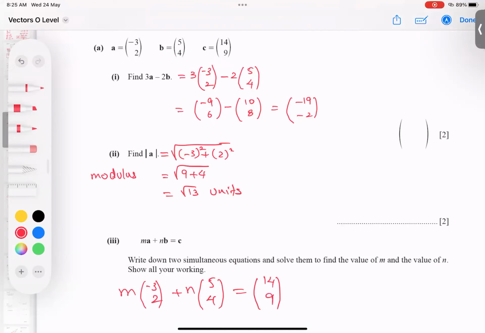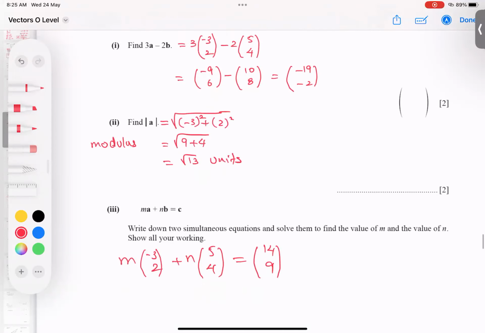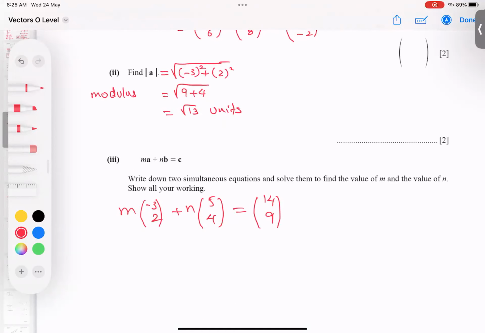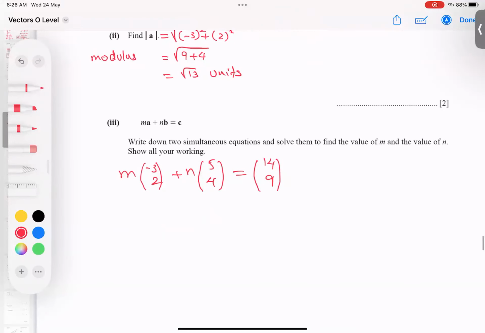And now this equation will behave as simultaneous equations. So simply this M multiplies inside, negative 3M, and 2 multiplied with M also, so 2M. So this N multiplies inside, I get 5N and 4N.